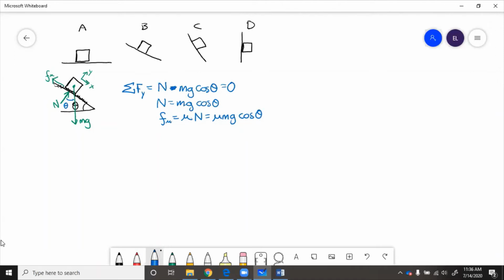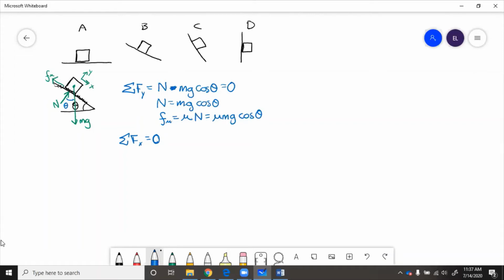So in the x direction, we need to check, is the part of the weight of the block that's pulling down the plane enough to overcome the friction? What is the minimum that you need? So sum of the forces in the x direction, since we want the absolute minimum angle to make this block slide versus stay, we'll say that's 0. 0 is going to be at very minimum acceleration.